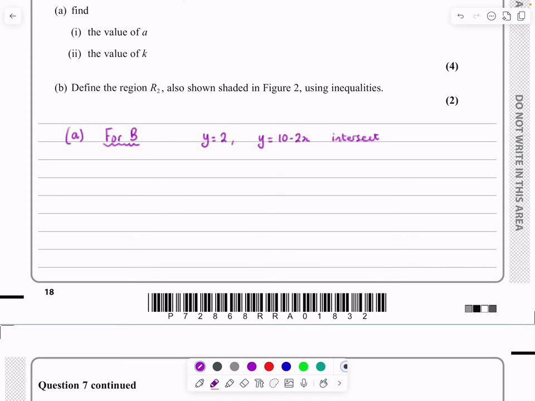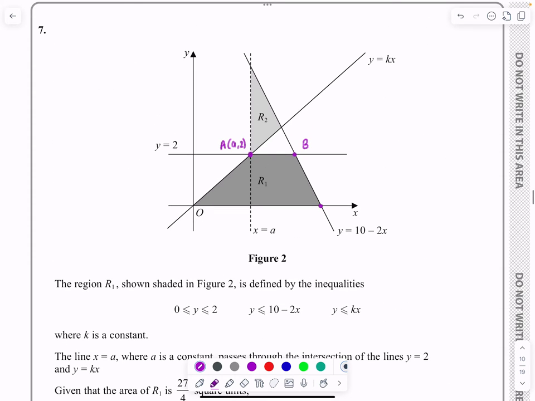And so I'm just going to put them equal to each other. So I'm going to say 2 equals 10 minus 2x, which means minus 8 equals minus 2x, which means x equals 4. So I can go back now and say this is the point (4, 2) there. Great. And that means that this length here is 4 minus a, because a is the x coordinate of this point here. So, okay, we've got that one.